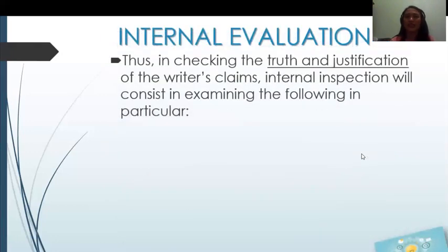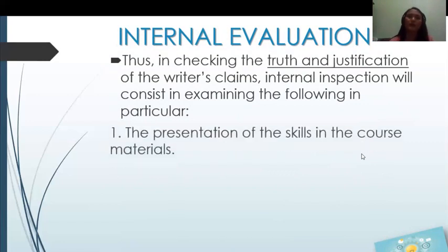Thus, in checking the truth and justification of writers' claims, internal inspection consists in examining the following in particular. Representation of the skills in the course materials. Are the skills presented appropriately, from simple to complex or complex to simple?